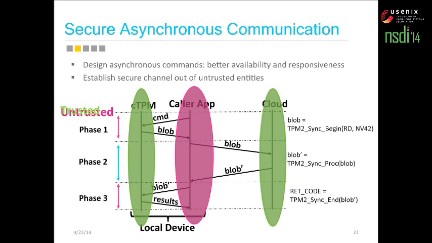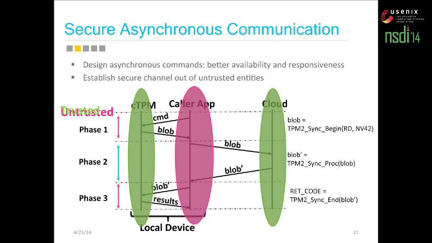In the second phase, the caller app can send this blob to the cloud. Cloud will use TPM to sync proc to process this blob and return a response blob prime. And in the final phase, the caller app can forward this blob prime to cTPM using TPM to sync end and obtain a result for this whole process.